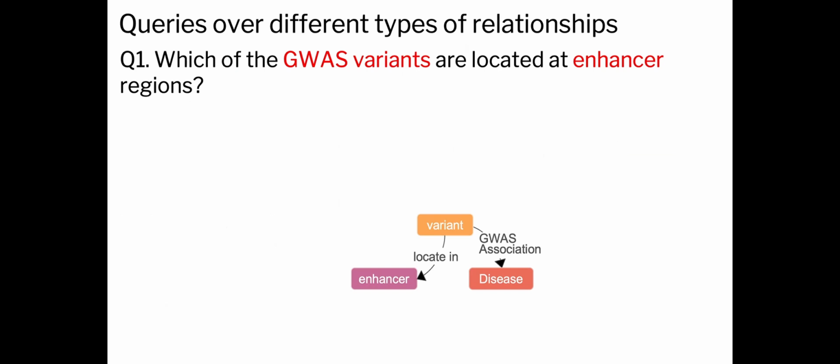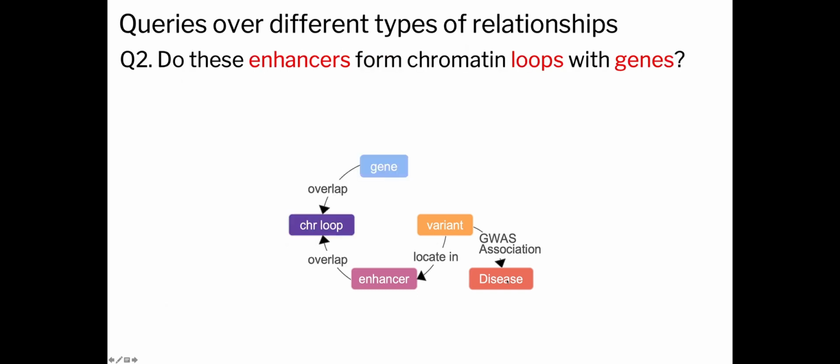For example, for the first question, which of the GWAS variants are located in the enhancer region, we essentially ask which variant located in an enhancer is a GWAS variant for type 2 diabetes. For the follow-up question, do this enhancer form a chromatin loop with genes, you add a condition: this enhancer forms a loop with a gene.